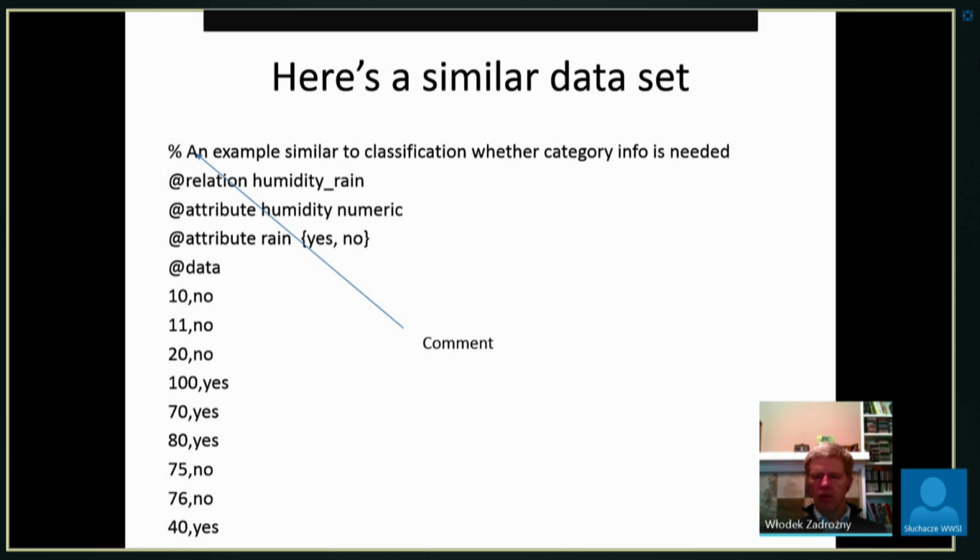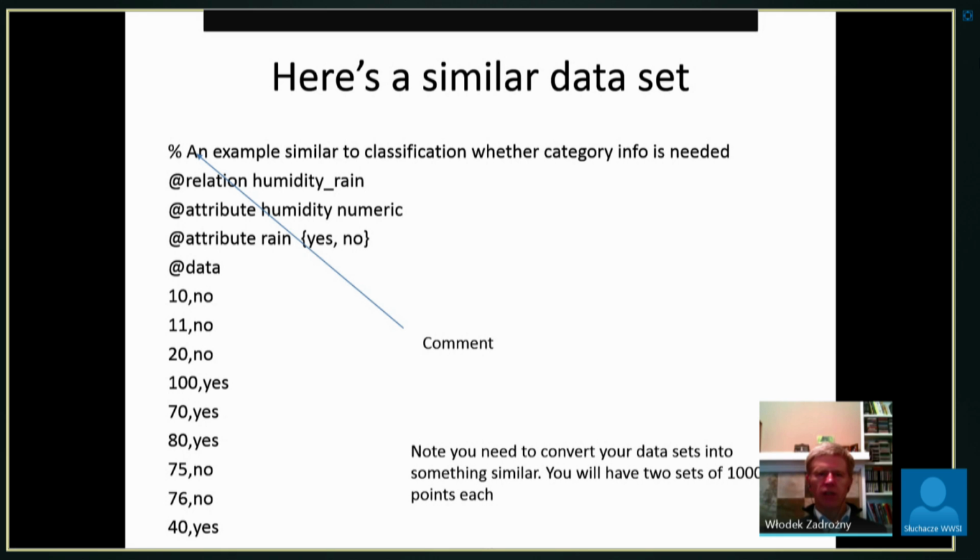You need to convert your data set into some similar data set, but instead of having these 8 or 9 points, you will have two sets of 100 or over 100 data points each in your collection of data, so it's going to be a longer file.